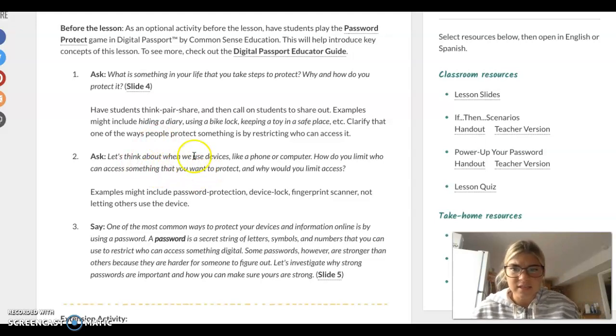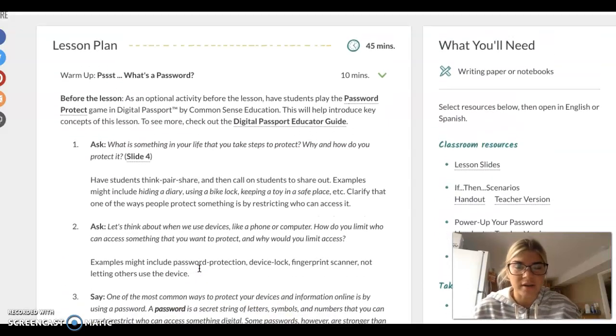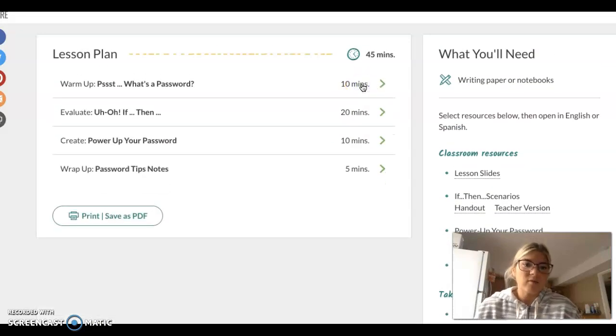Then let's think about when we use devices like a phone or a computer. How do you limit who can access something that you want to protect, and why would you limit access? Again, another reason a password is important. It gets them thinking about the background of why this is important, and why we would protect some things, but why we wouldn't share something like a password.